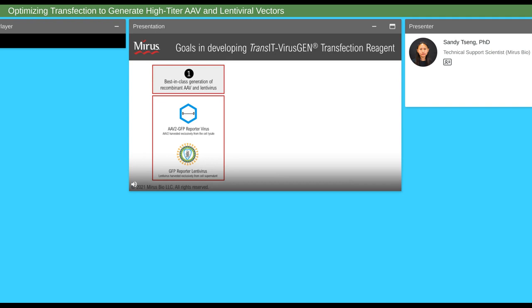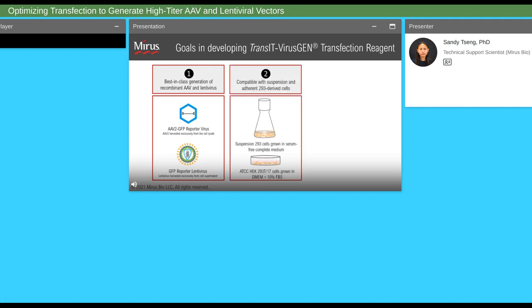We first screened our vast library of molecules and compounds to identify reagents that would result in the highest yields of AAV and lentivirus. We used a reporter GFP system where the AAV2 or lentivirus contained a GFP transgene.